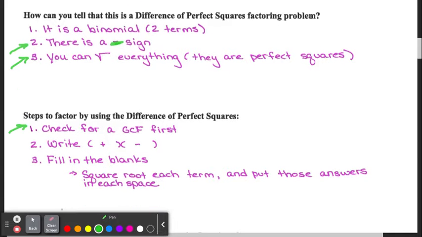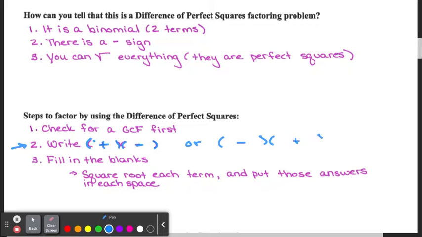So first thing we had to do is check and see if there's a GCF. Okay, if there is, you got to do that one. If not, you're going to write two sets of parentheses, and you're going to put a plus and a minus in each set. It doesn't matter. You could also do this, minus, plus.